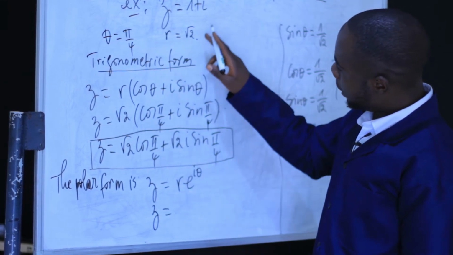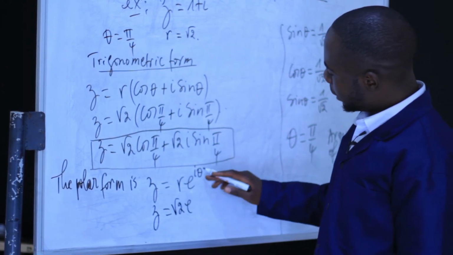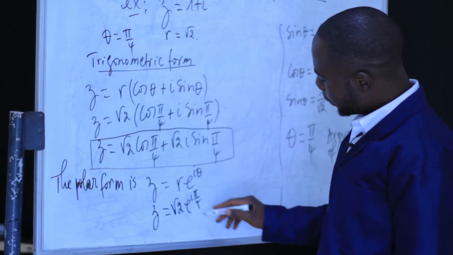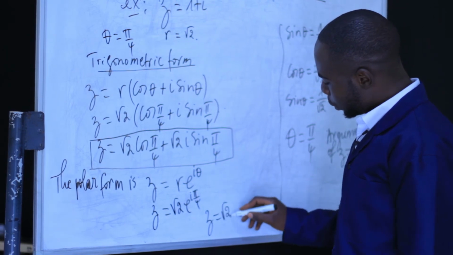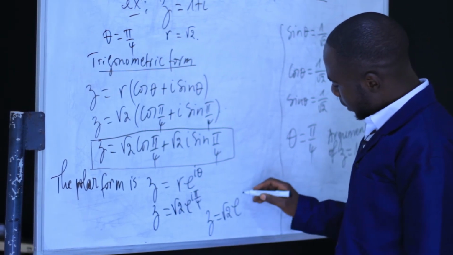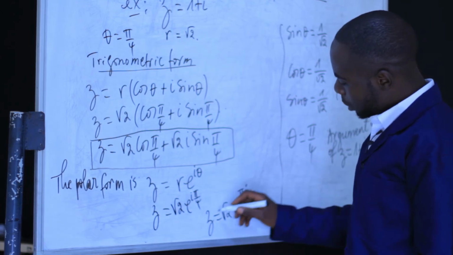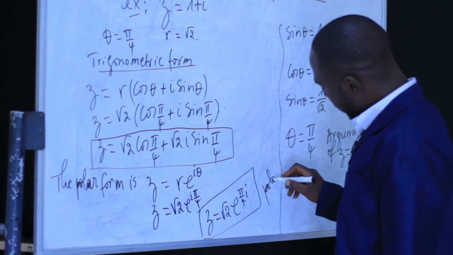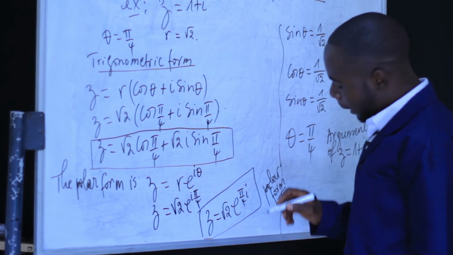R is the square root of 2, then the argument is pi over 4. This is z, which is equal to the square root of 2 e to the power i pi over 4. This is what we call the polar form of our complex number.